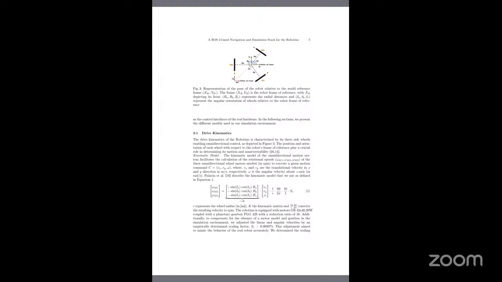But in Robotino, the advantage is that it is omnidirectional. That means it can move forward, backward, right, left, rotate, in any direction. So this is not a differential drive robot.